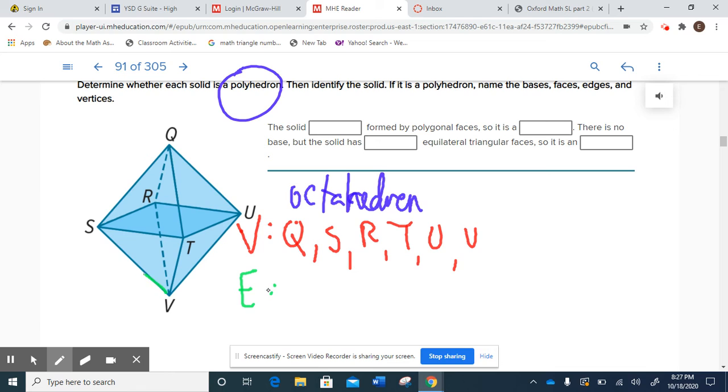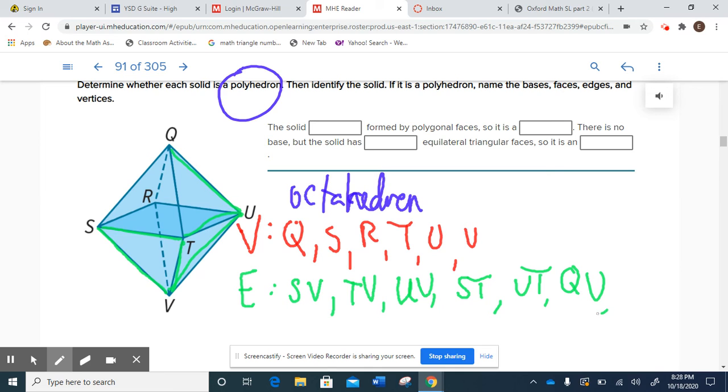The edges. So this would be an edge right here. So SV, TV, UV, ST, UT, QU, QT, SQ, RS, UR, and QR.